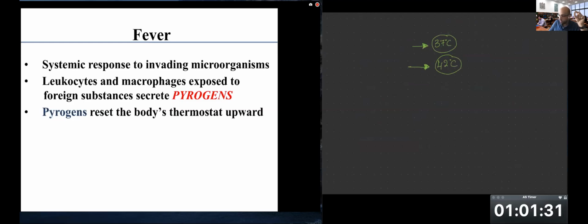So having a body temperature of 41, is it high or low? What do you think? It's high, right? It's high. And would I respond? What do you think? Would you respond in this case?